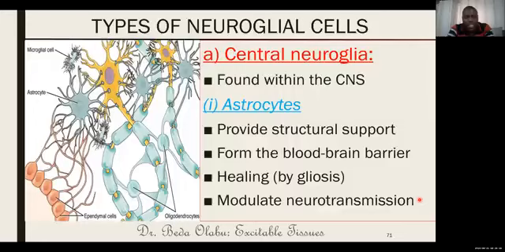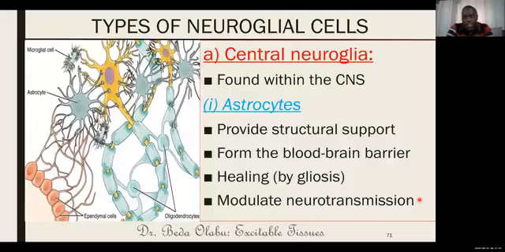In as much as astrocytes are not excitable cells, astrocytes can modify the biochemical contents within a synapse, therefore influencing how neurons communicate with each other. And that's what I mean by modulating neurotransmission. These are not the only functions of astrocytes, but I really consider them key.